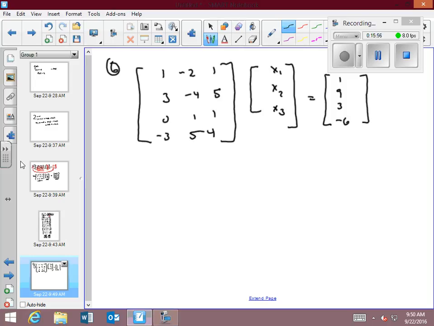And we want to know whether x1, x2, x3 is unique. So once again we will do the augmented matrix, augmented with 1, 9, minus 6.